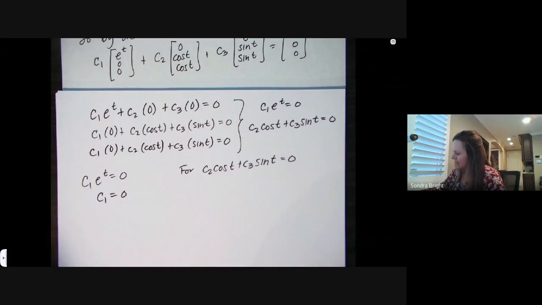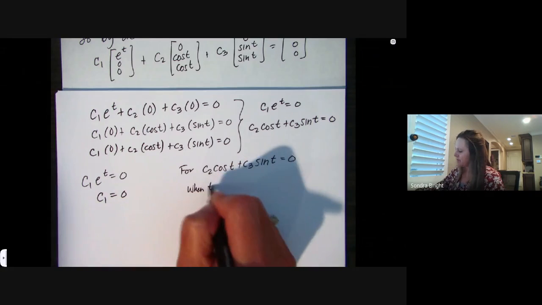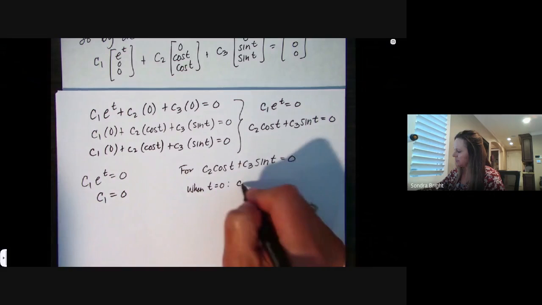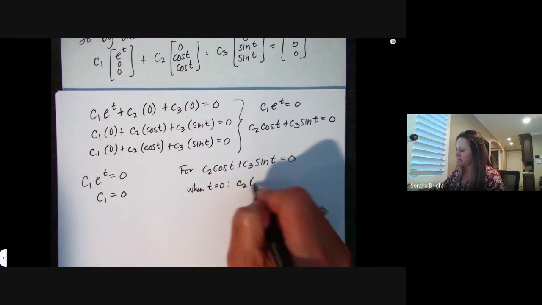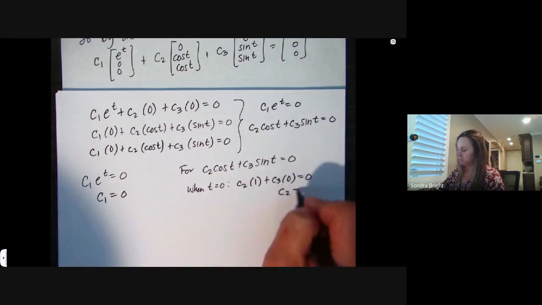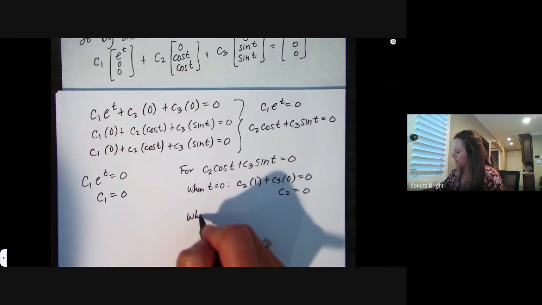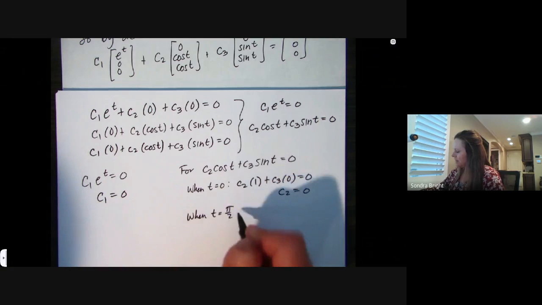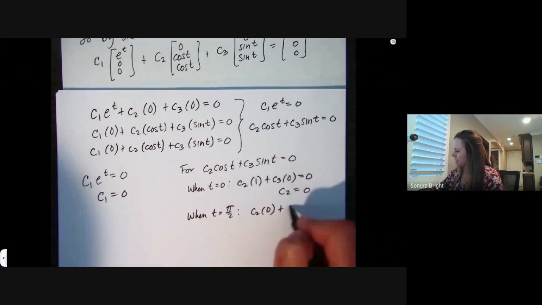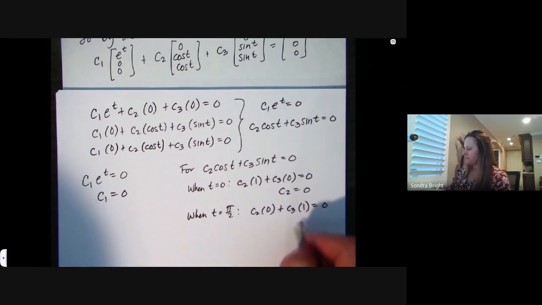Well, what I notice is that when t equals 0, what I would have is C2 times 1 plus C3 times 0 equals 0. Well, that gives me that C2 must equal 0. All right. When t equals pi over 2, I would get C2 times 0 plus C3 times 1 is equal to 0, which means C3 is equal to 0.